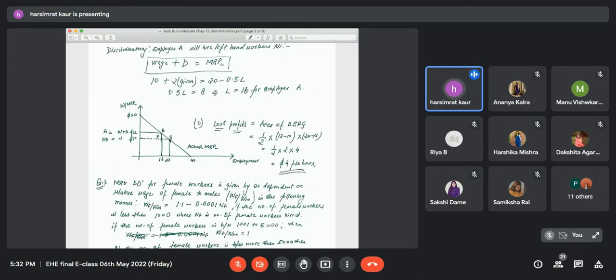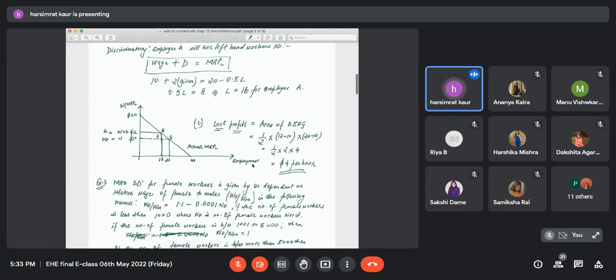This is the loss a person experiences when operating at point E rather than at point G. It's the area of the triangle, half times the wage difference, 12 minus 10, times the employment difference, 20 minus 16, which gives a loss of $4 per hour.